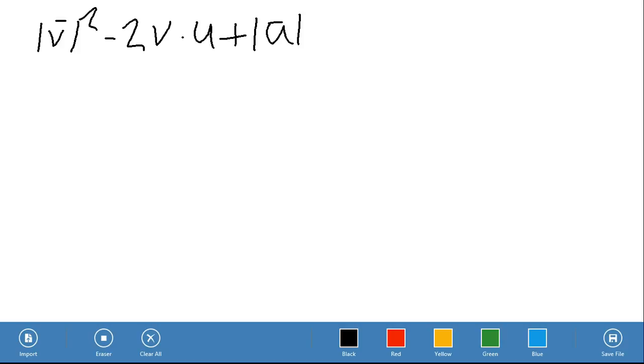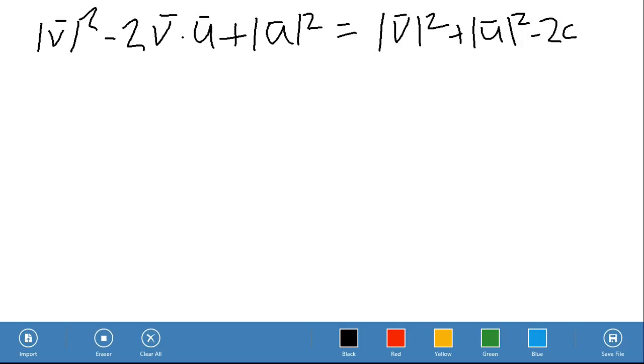We have the length of v squared minus 2 times the vector v dotted with the vector u plus the length of u squared, equals the length of v squared plus the length of u squared minus 2 times cosine of theta, running out of space here, but this is 2 times cosine of theta times the length of u times the length of v.